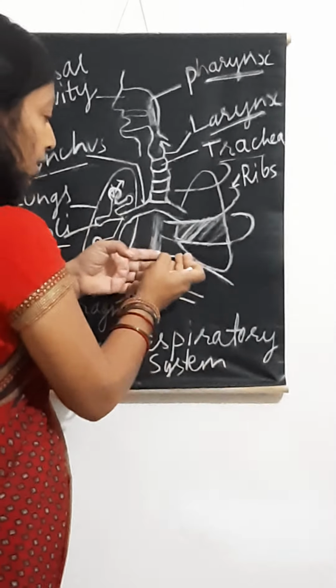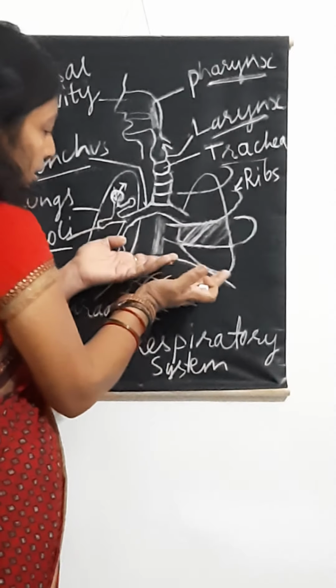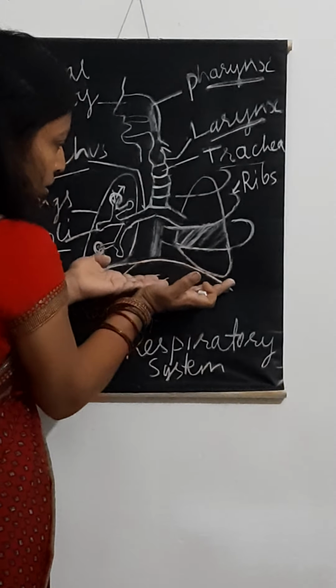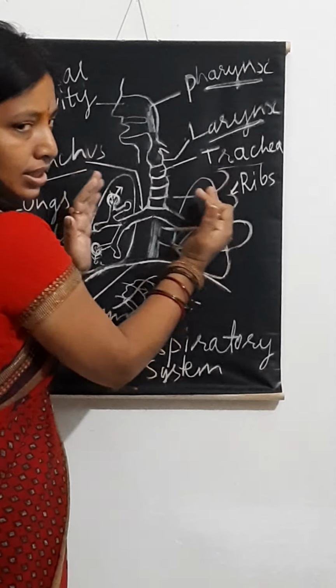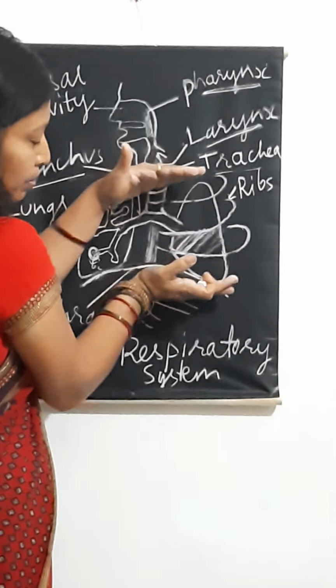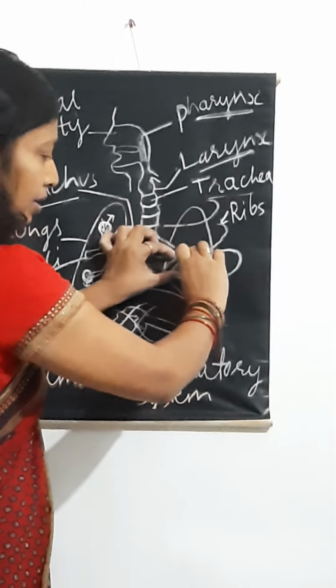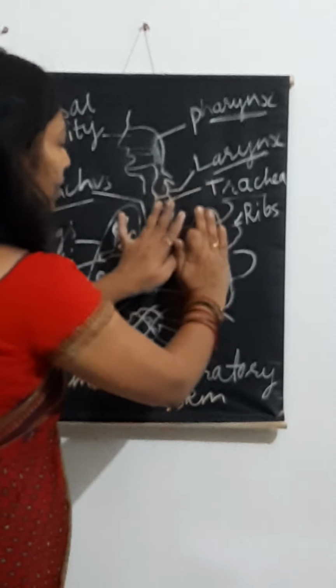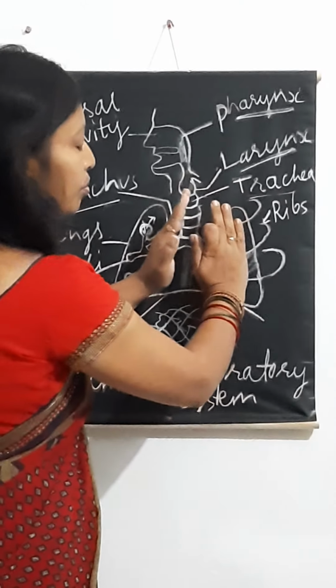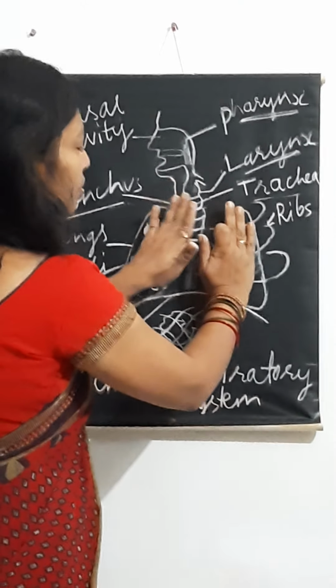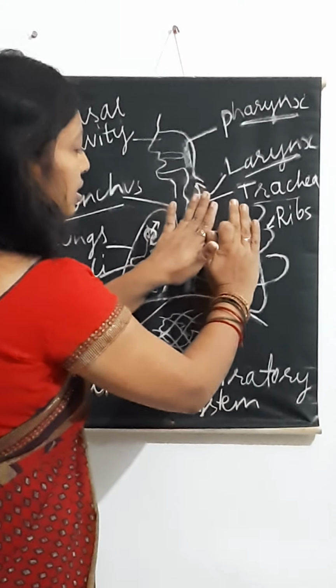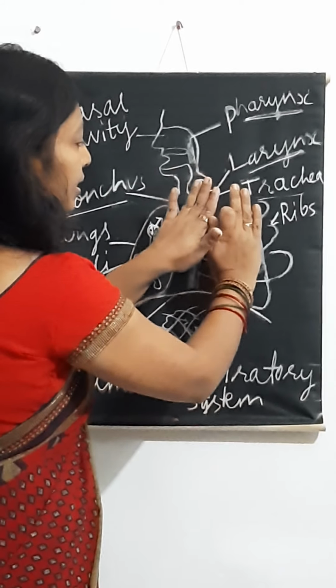How? When these two contract, the diaphragm comes down, so the chest cavity gets expanded downwards. Lungs also expand. And rib muscles at the same time also contract and expand the chest cavity outwards, and they also raise it.